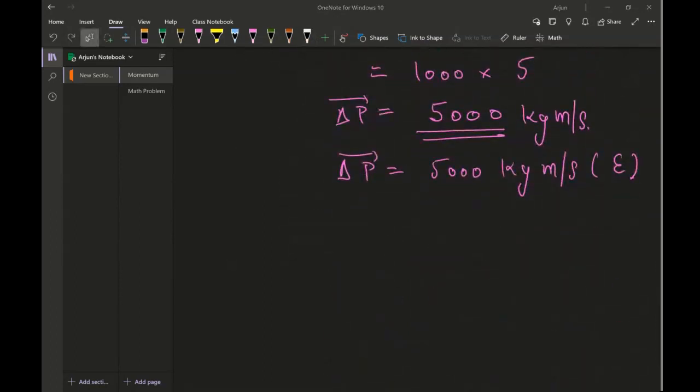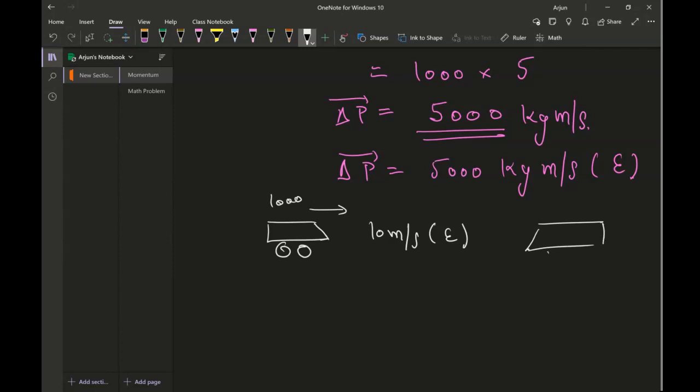Now let's look into a little more complex problem. So if this is a car moving in the east direction, again the same 1000 kgs car moving at 10 meters per second in the east direction. But after 15 or 20 seconds, you observe that the same car is moving in the opposite direction with a speed of, let's say, 5 meters per second.